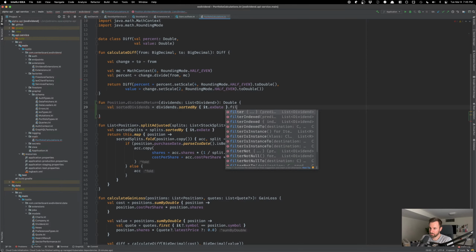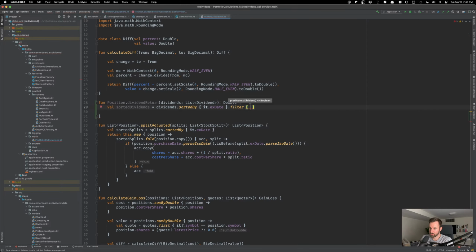Let's also then filter all of the dividends based on if it.xdate is greater than or equal to the purchase date.